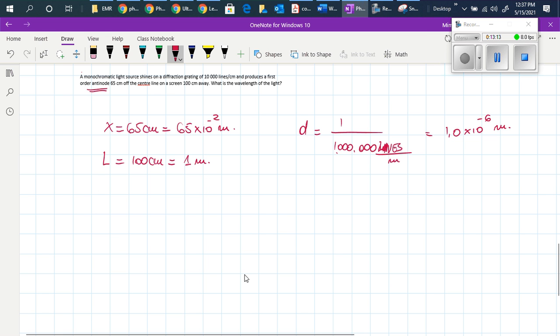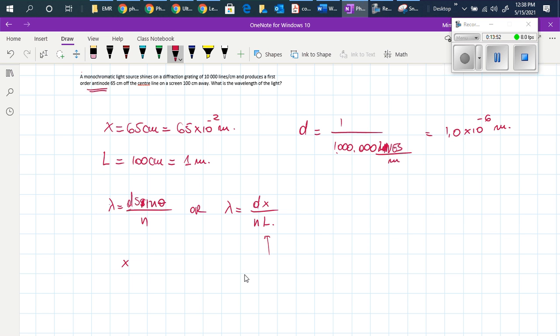And now, how will you know if that is something that you have to avoid? You have two formulas to use. Lambda is equal to d sine theta over n, or lambda is dx over nL. Now, one thing is when you see that x is very comparable to L, it's not way smaller.